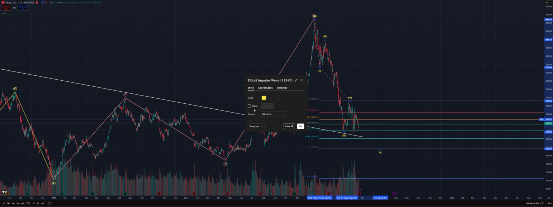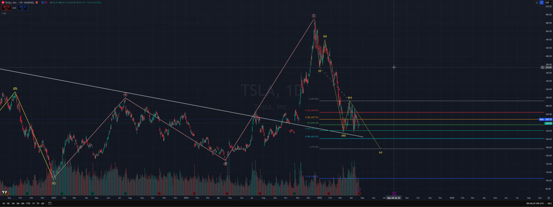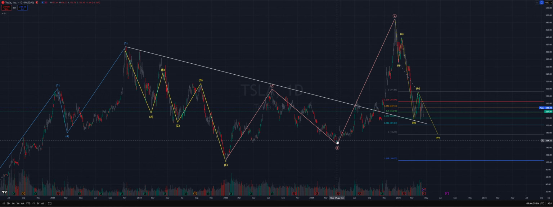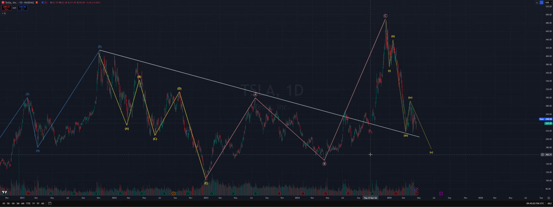So this is what that should look like. This could be wave 1, wave 4, and the next stage will be wave 5. It's very difficult to know which one it's going to be. I don't know, but that's another scenario that could play out on Tesla here.